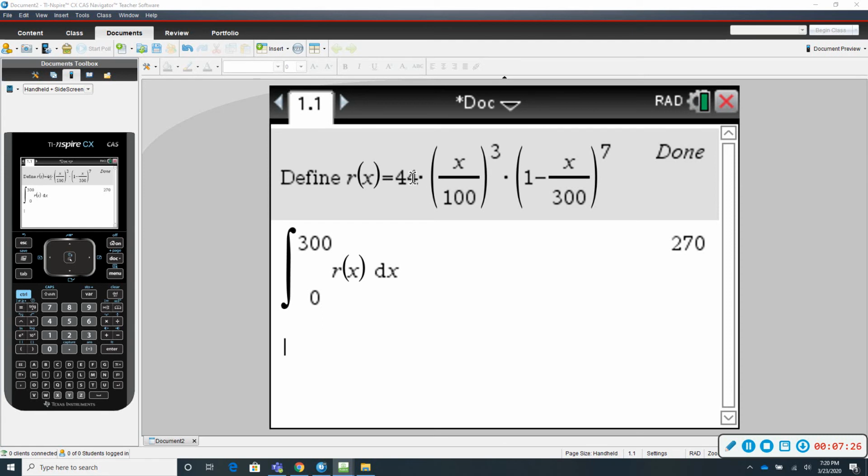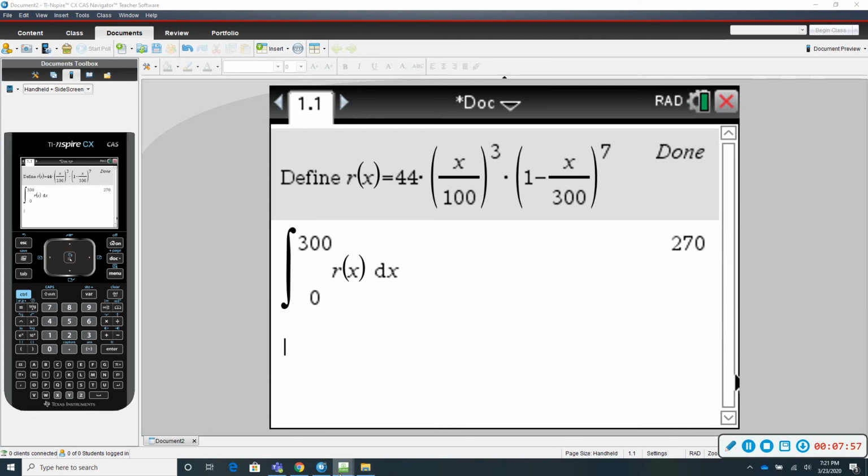It is 44 times x over 100 to the third power multiplied with the factor 1 minus x over 300 to the seventh power. Once you define that r of x, click enter, and then to find the quantity we are looking for, select from the menu integral and evaluate the integral from 0 to 300 of r of x dx. The result is going to be 270.